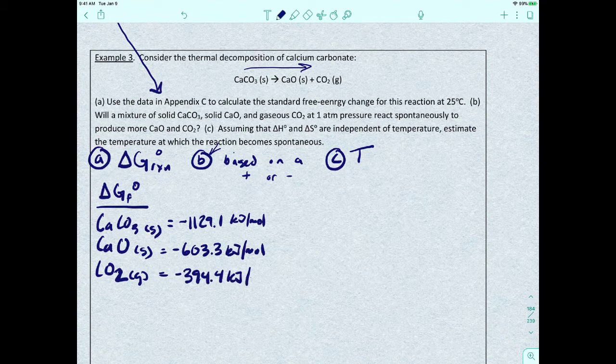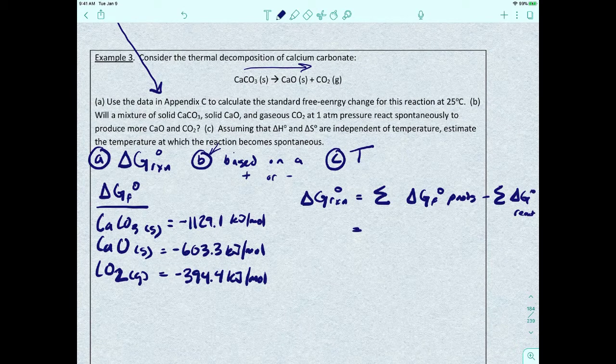Okay, so popping those into our equation, delta G of the standard state reaction is equal to the sum of all the delta G of formation of the products minus the sum of the delta G of reactants.